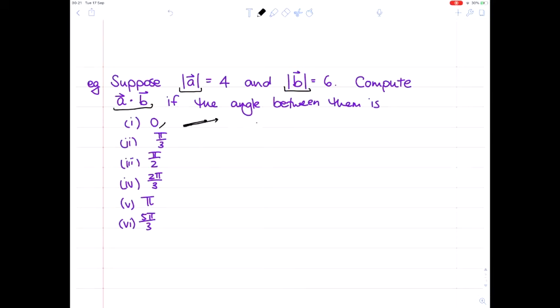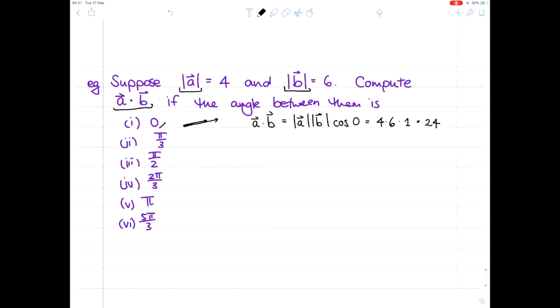Well, let's see. We know that A dotted with B is the length of A times the length of B times the cosine of the angle between them, which in this case is 0. So this is going to give us 4 times 6 times, well, the cosine of 0 is 1. So this gives us 24.